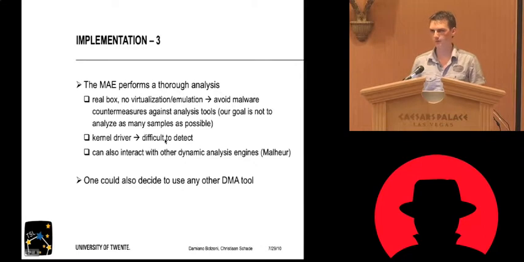Or if they know what the serial number of our Windows installation is, we will hook these functions that the malware uses to request, for instance, the serial number, and we'll just spoof it. So we'll always get a different serial number from us. The same with the user and the folders being executed from. And we have ways to interact with, for instance, Malware. Let's say that our analysis isn't good enough. We can send it to Malware to have, well, a second opinion, basically.